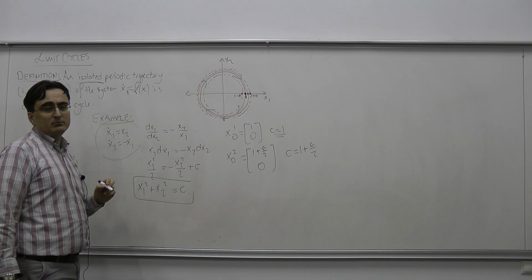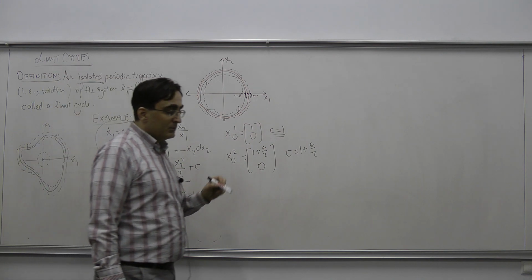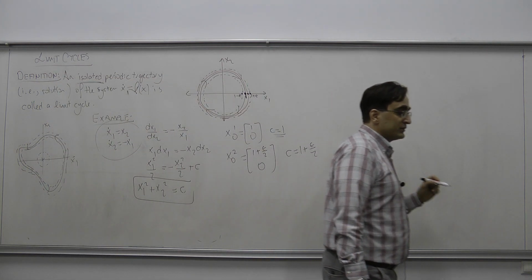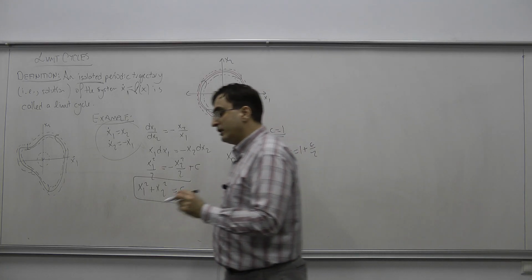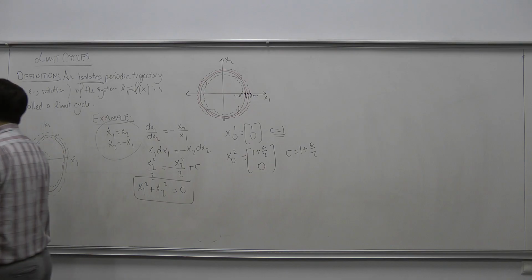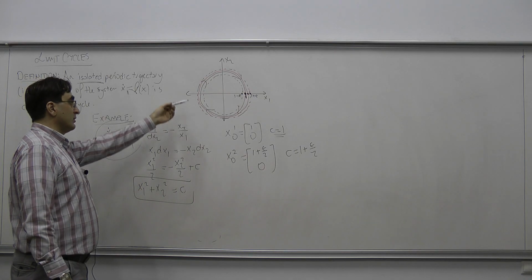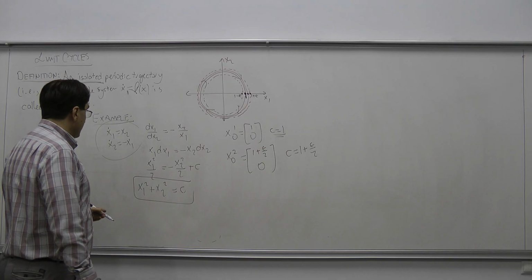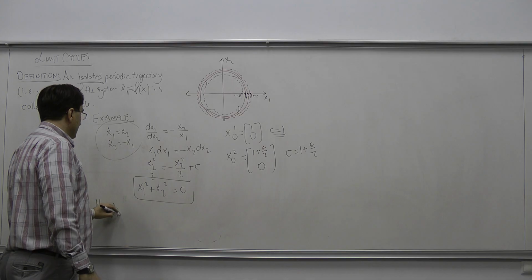Therefore, this system doesn't have any limit cycles. Because I can only call a periodic trajectory a limit cycle if and only if it is isolated. If all trajectories of this system are not isolated, as I can show, that means no limit cycles.